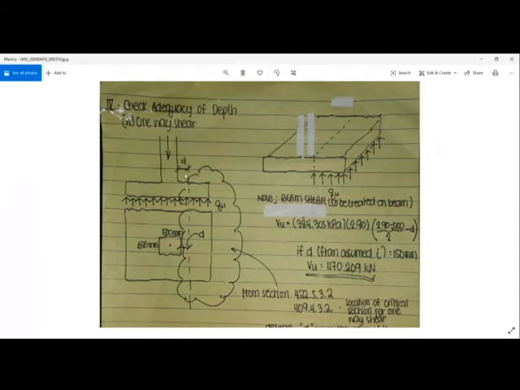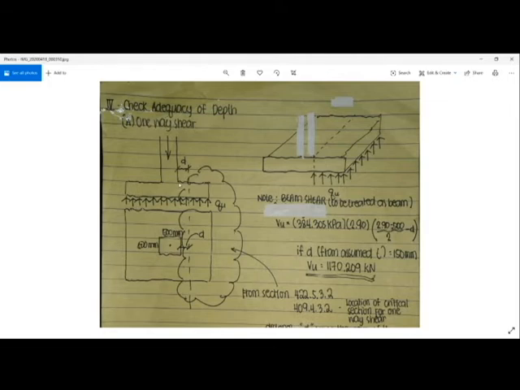Ano ba ibig sabihin din ng NSCP? Bakit meron pa tayong distance D from the support? Pwede naman nating sabihin the face of the support na lang? Kasi nga dito maximum yung shear natin. Dito pinakamataas yung shear natin pag pinutol natin 'to. It's because of the failure.